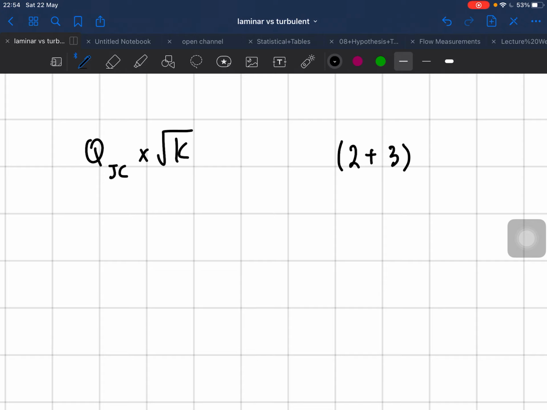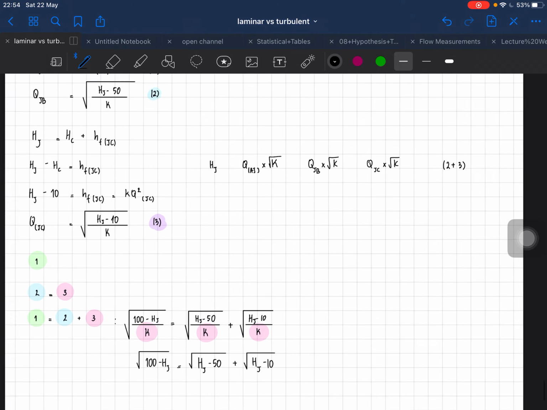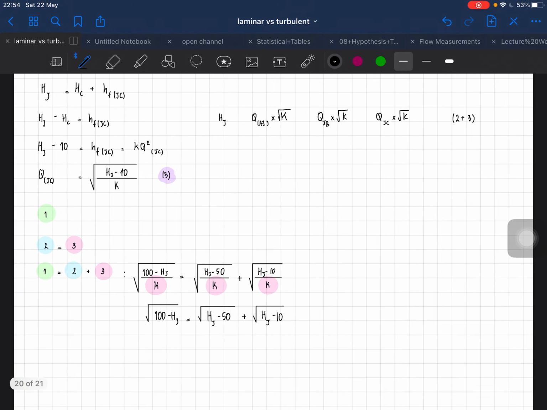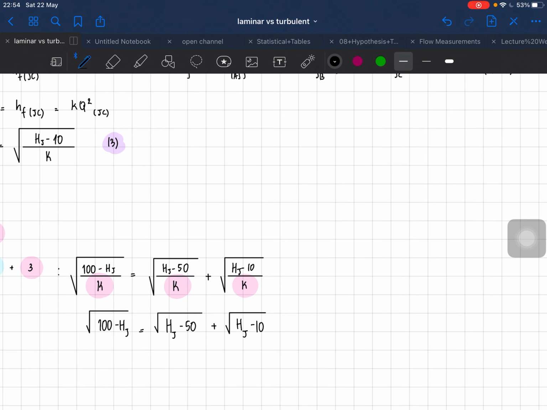I'm trying to think if there's another way that we can do it without doing this, but I'm sorry guys, I still cannot find a way that we can do this one.